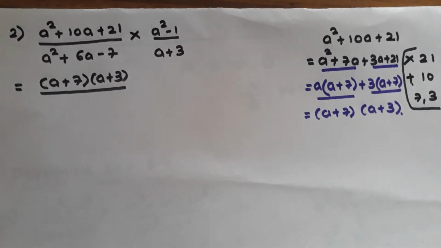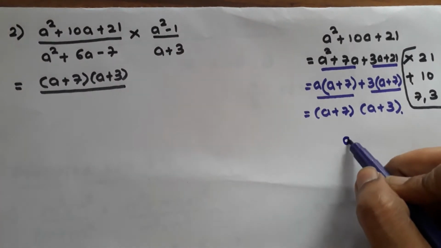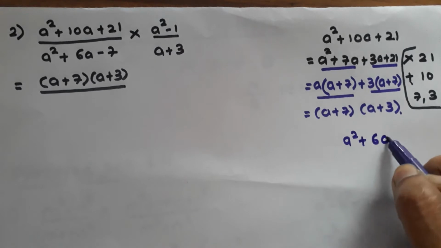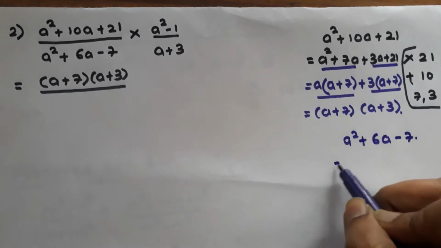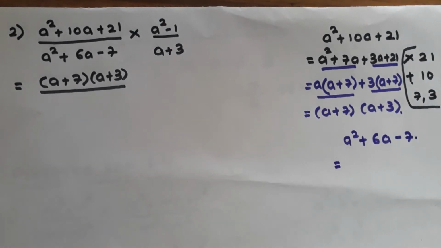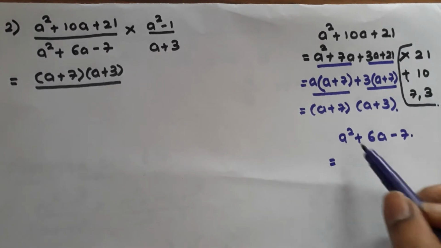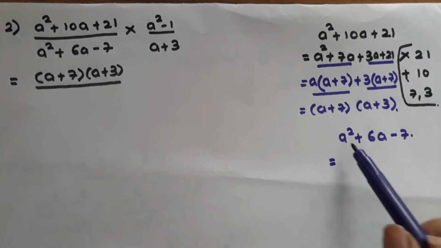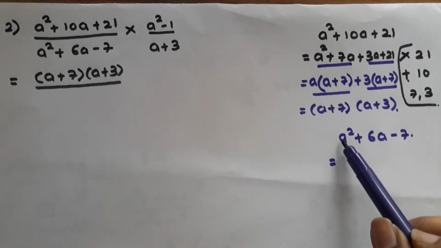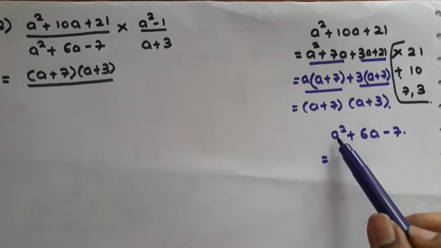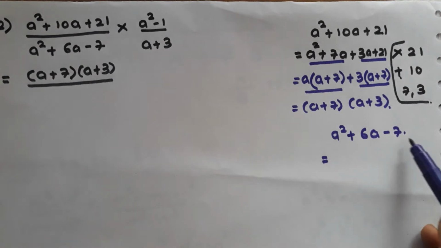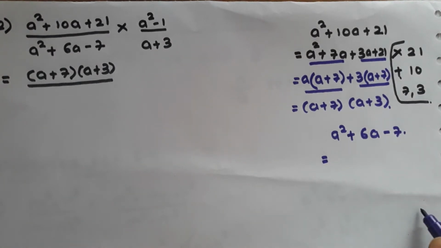Now again take the denominator a square plus 6a minus 7. So here also we will find the factor of this algebraic expression. Step 1 is take the product of the coefficient of the first term and the constant term. 1 into 7 is 7.